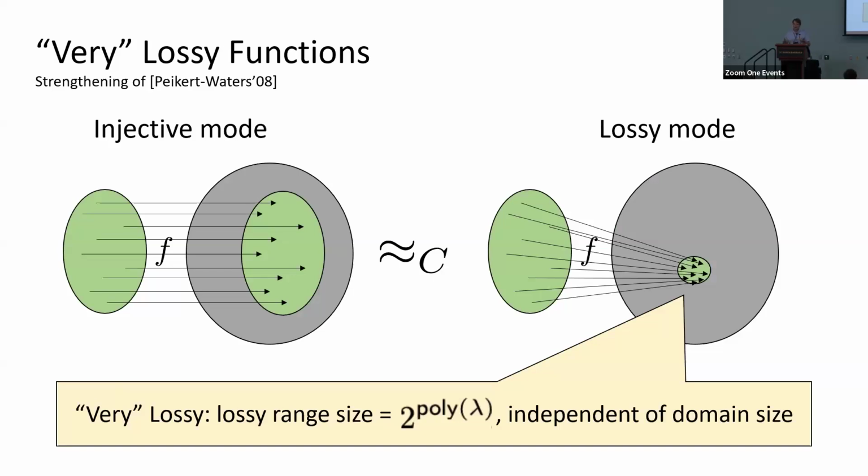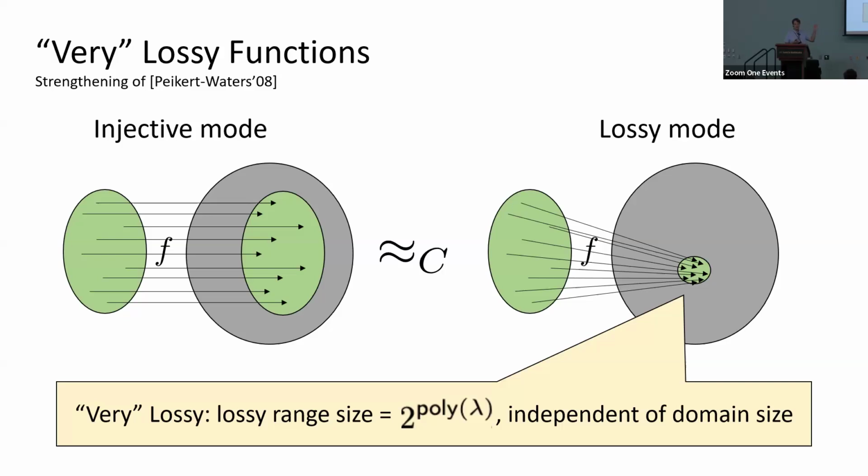All right, so our solution is going to be to use lossy functions to complete the proof. And we're going to need a strengthening of the usual notion of lossy function to something that in this talk I'll just call a very lossy function. So what is a lossy function? Well, it's a function or a family of functions that are sampled in one of two modes. In one mode, the injective mode, the function is just injective.